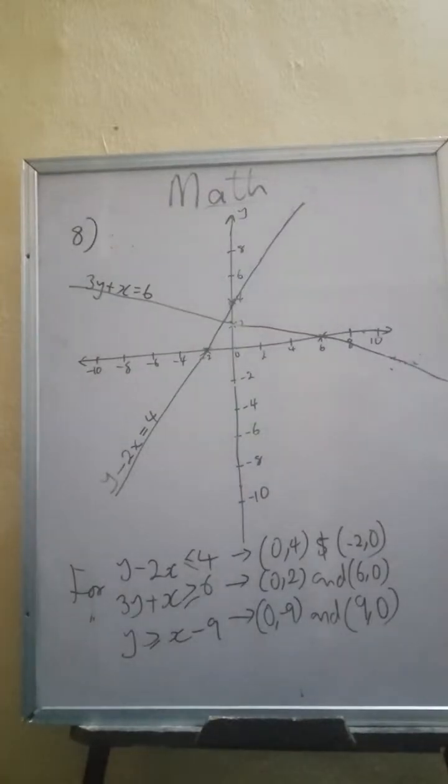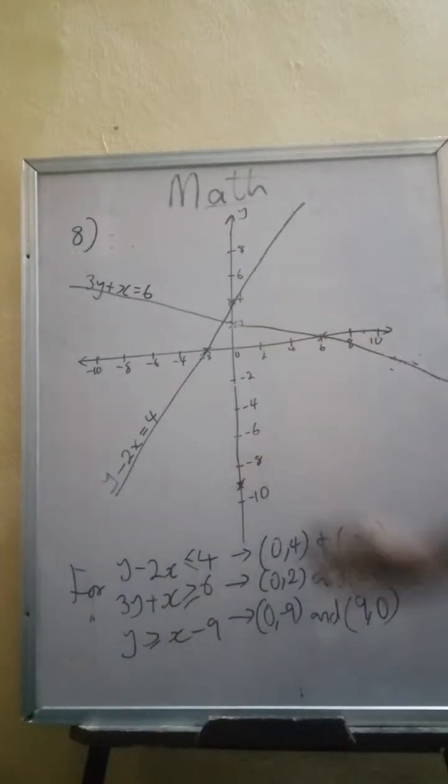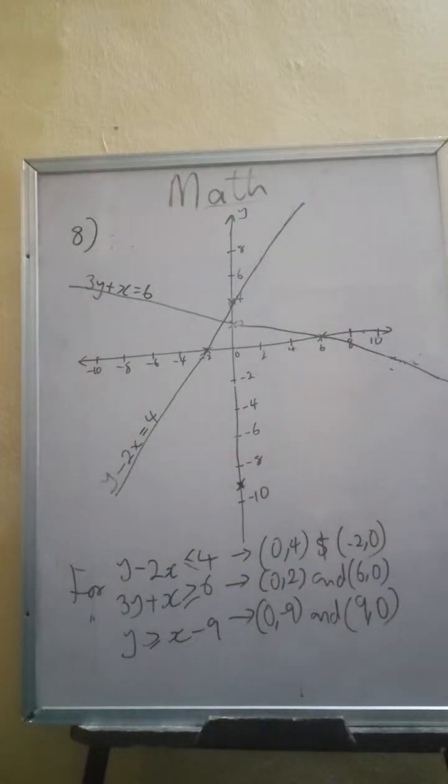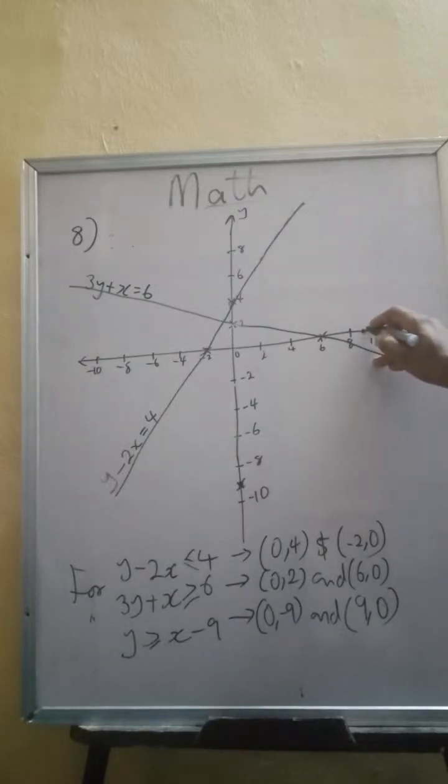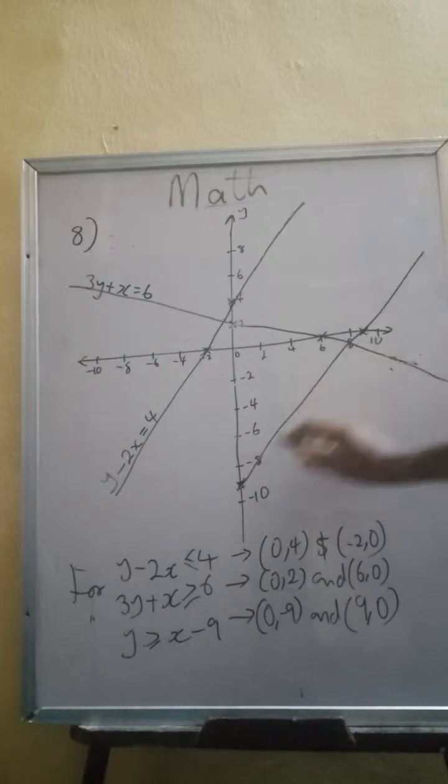And the third, when x is 0, y is minus 9, between minus 8 and minus 10. When x is 9, y is 0. So that's this point. Just connect them, and that gives you this.